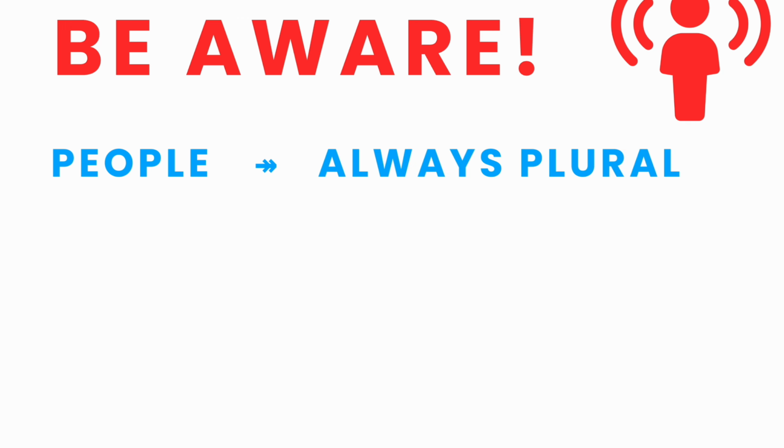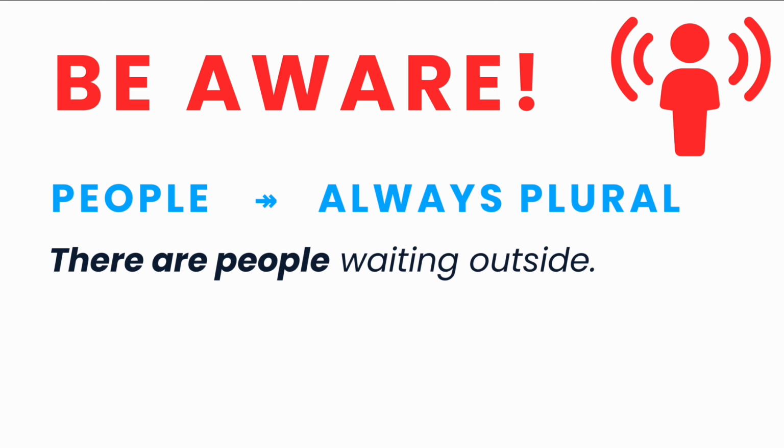I would like you to be aware of a couple of important things. First of all, the word people in English is a plural noun. It's always plural. When we decide whether we should use there is or there are, we use there are when we talk about people. There are people. For example, there are people waiting outside.